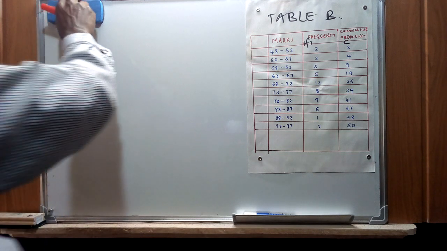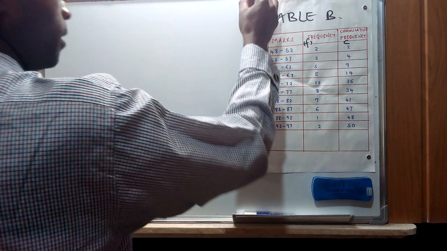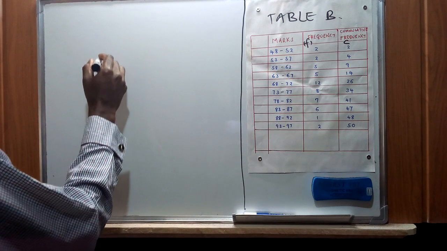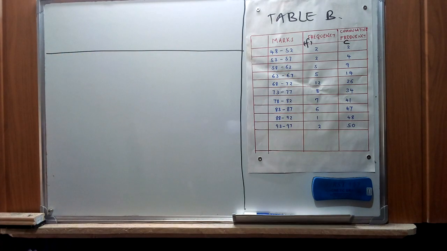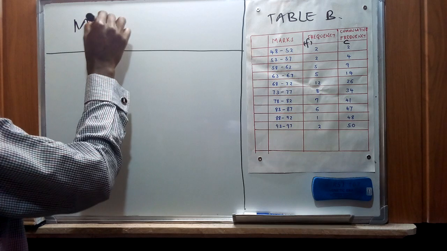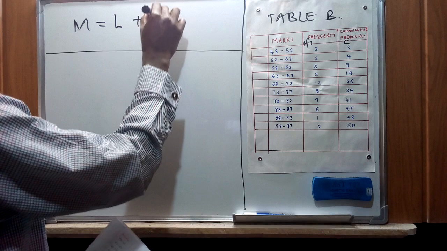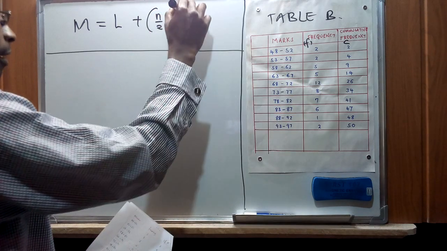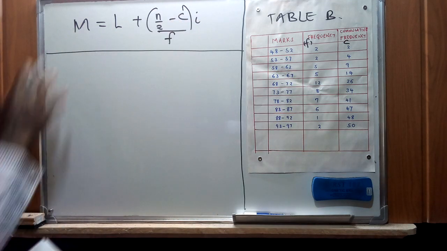Let's first give a formula for that, so we'll be able to identify the different sets of information that we have been given. So I'll just have somewhere to write that formula, just at this upper part of the table. We said that median is given as L plus N over 2 minus C, into I over F. This is the median.